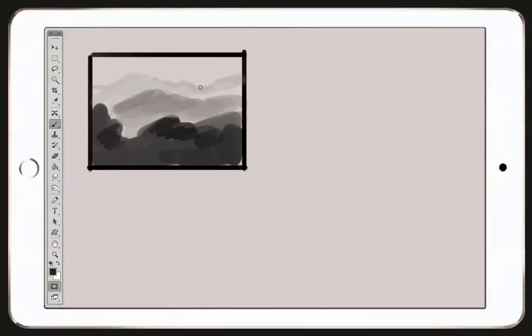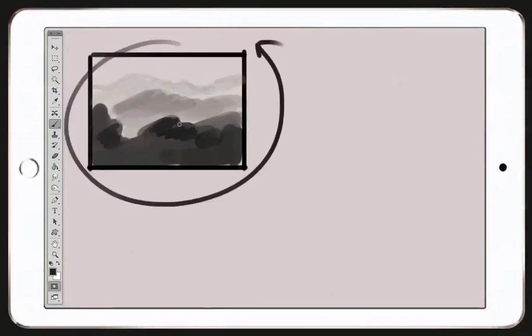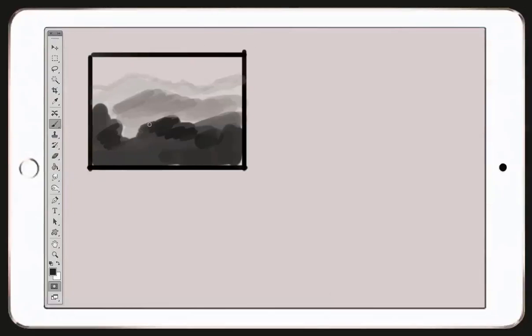So this is an example of trying to get this feeling of a third dimension or a feeling of perspective into the painting. And then I could have, let's say, some trees here, just really rough like this. And they're getting smaller and lighter as they move further back.